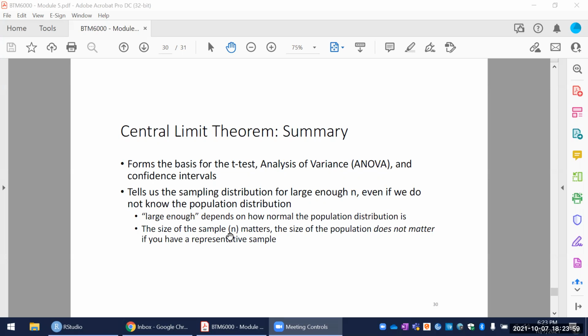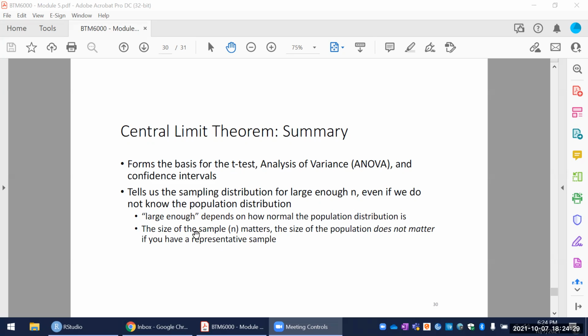So if we have a sampling distribution of a large enough n, even if we don't know the population distribution, the limitation will be that if it's not large enough, it's tricky, because your population distribution may not be quote unquote normal enough, and your sample may not be large enough to essentially assume a normal distribution, which would be this magical sample size of 30.